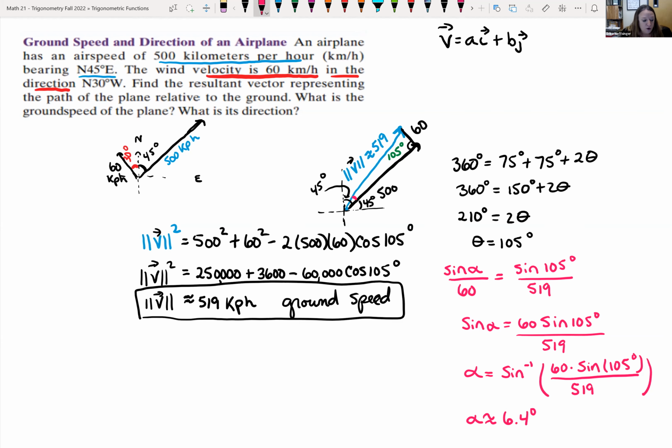So I want to know what the course is for that airplane with the wind affecting it. And so I have my 45 degrees. So I know north to east, 45 minus my alpha. We call this beta. So beta is equal to my 45 degrees minus my 6.4 degrees.